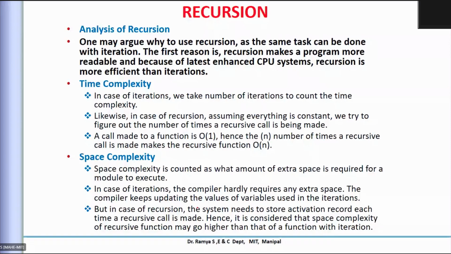But in case of recursion, the system needs to store an activation record each time it calls. It is similar to a stack; the order has to be maintained, so extra complexity is required. So there is a time complexity as well as a space complexity.